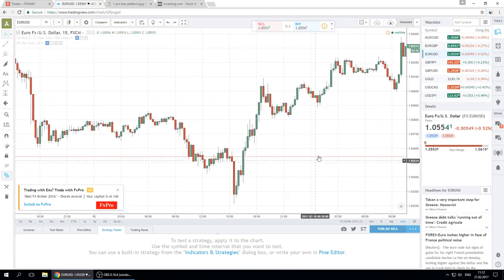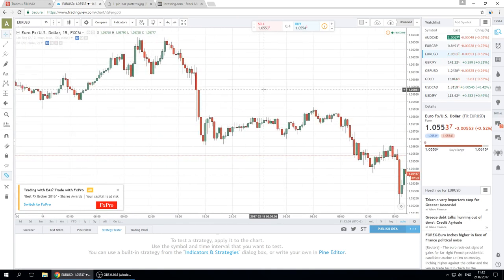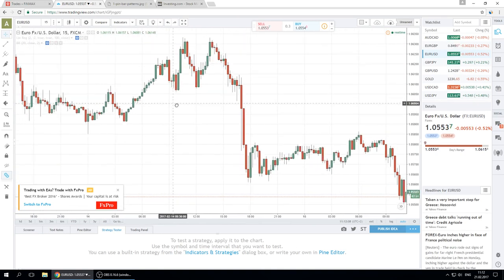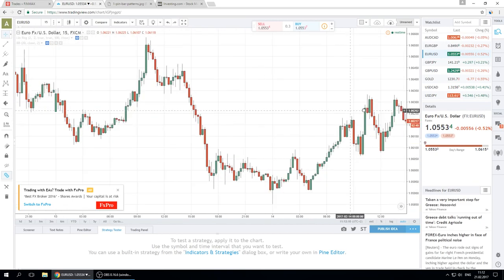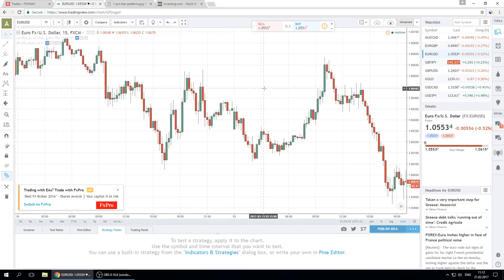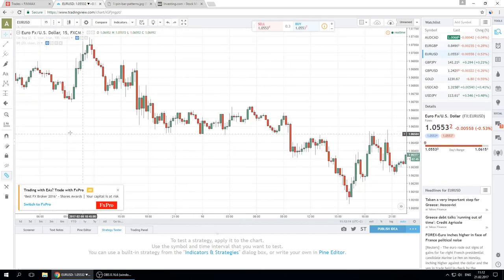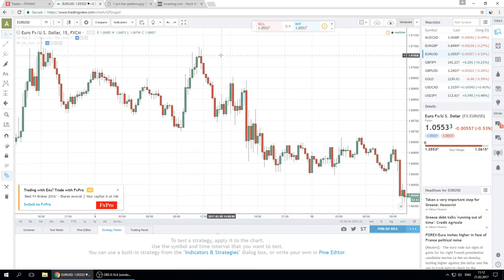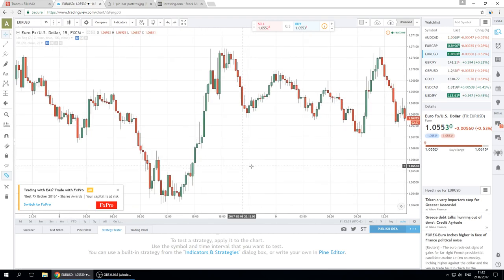Let's switch to 15 minutes. Well, here something like our pin bar pattern. Well, here it can be counted, so you just simply need to search for it.